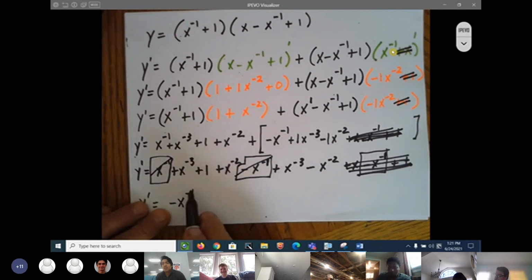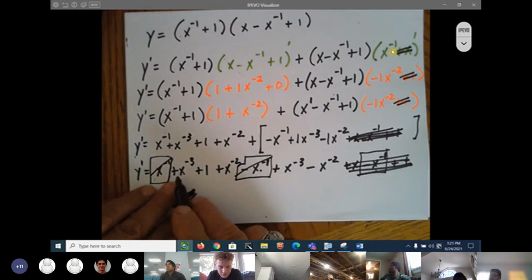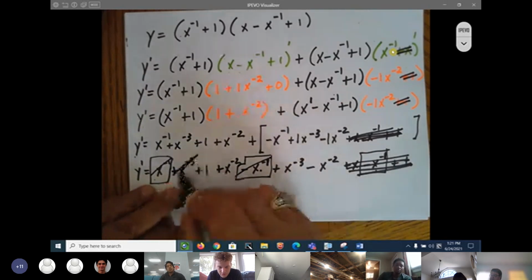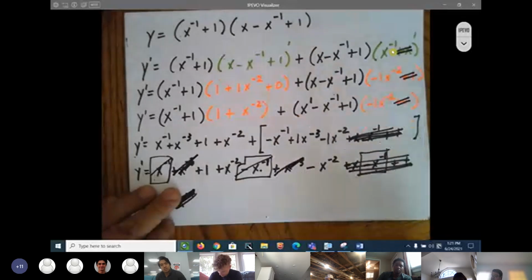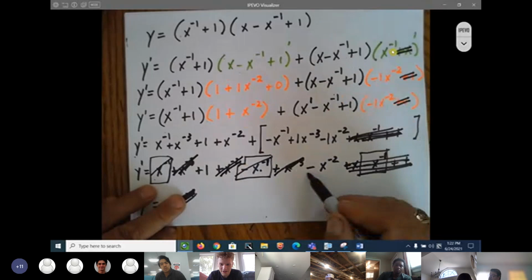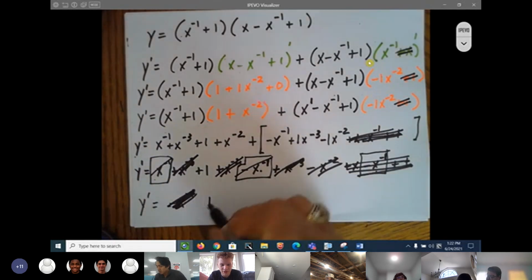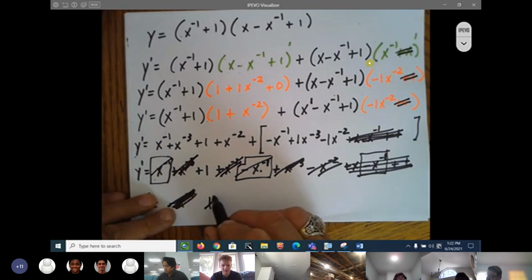All right, so that takes care of that. So the x to the negative 1s cancel. All right, the x to the negative 3s cancel. That's a good sign. And the x to the negative 2s cancel. And I don't think the x to the negative 3s cancel because they're both adding. The x to the negative 3s, they're both positive. So it'd be 2x to the negative 3. I just got carried away.